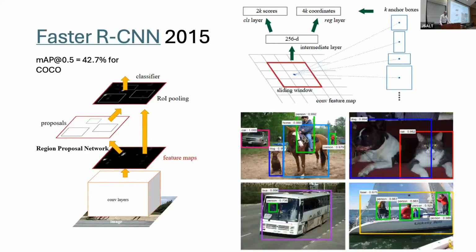And in the year that ResNet came out, the first modern detector also came out, Faster R-CNN. Here is the general idea about the model. You use your convolution layers, and nowadays you reuse the already trained model that was trained on ImageNet.